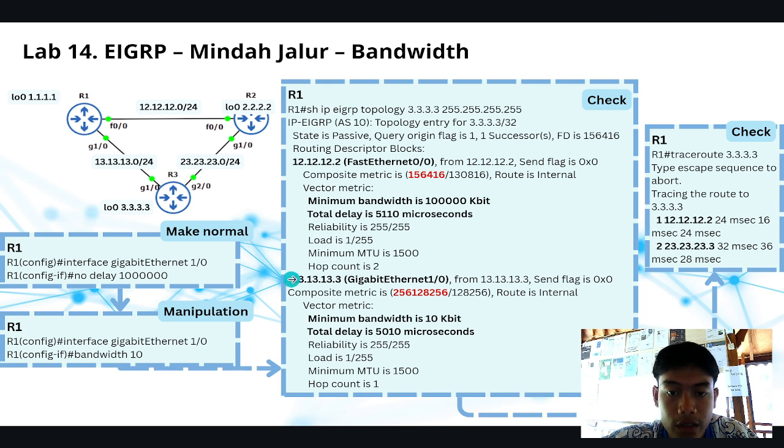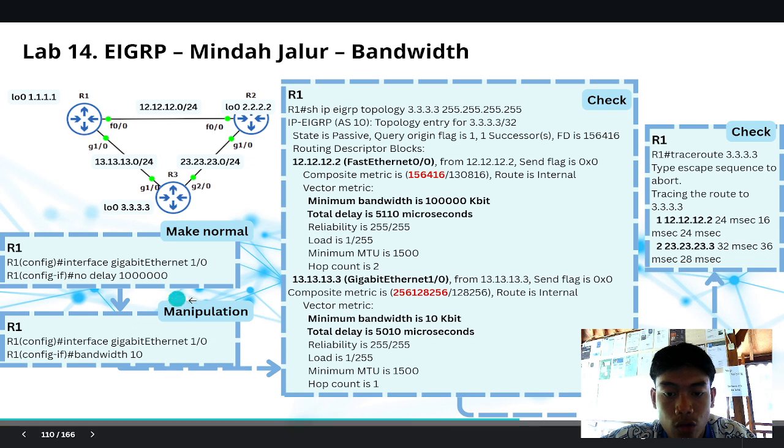The destination is still router 3 loopback 3.3.3.3/32. Before manual selection, we reset the delay setting on the EIGRP interface gig 1/0 with no delay. This makes the link back to normal.